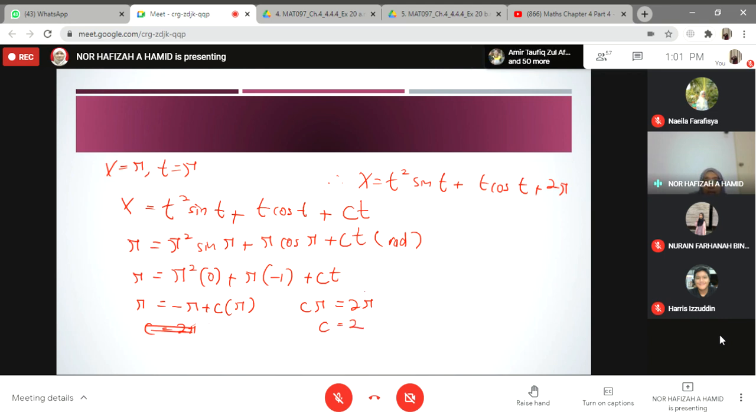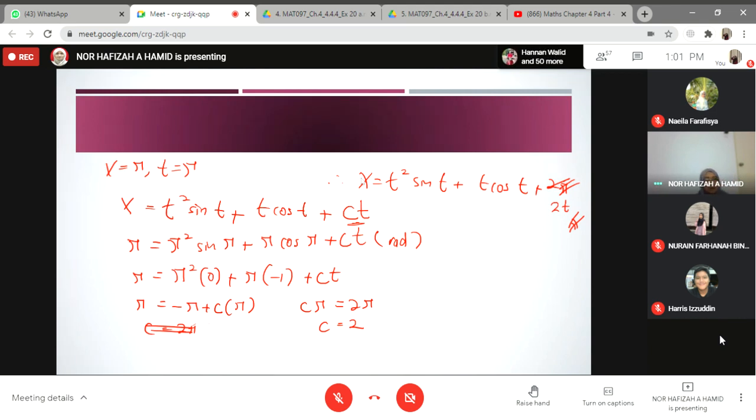So you punya final answer, you ada T square sin T. So plus dengan C dia is 2. So you will have 2T lah kat sini. Sini plus with 2T. Okay. So ini untuk example 16.